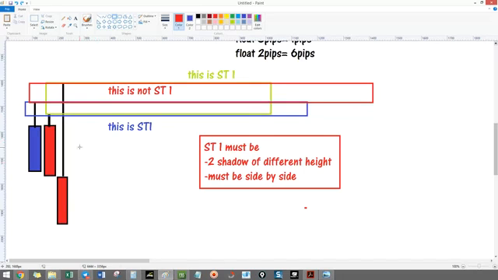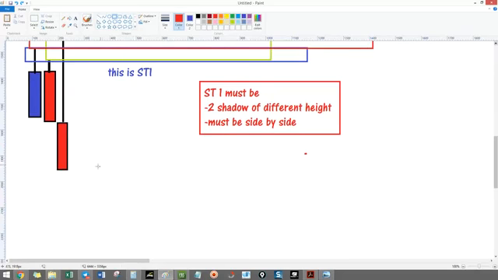It cannot be something like this. For example, one and then a two.